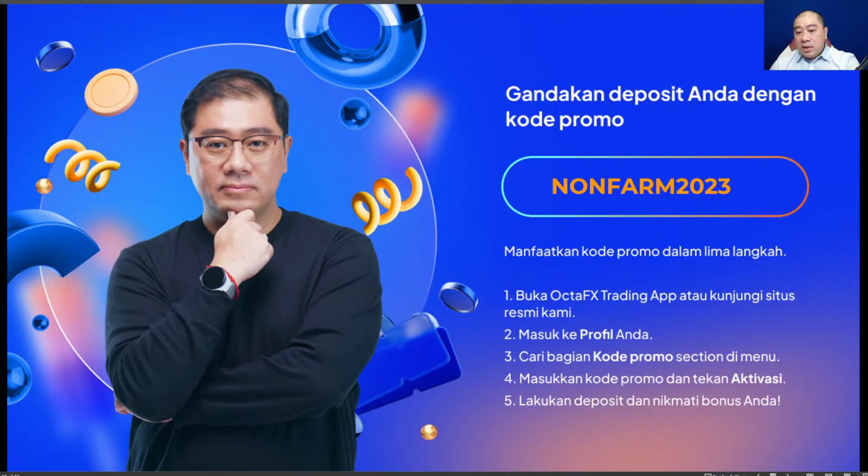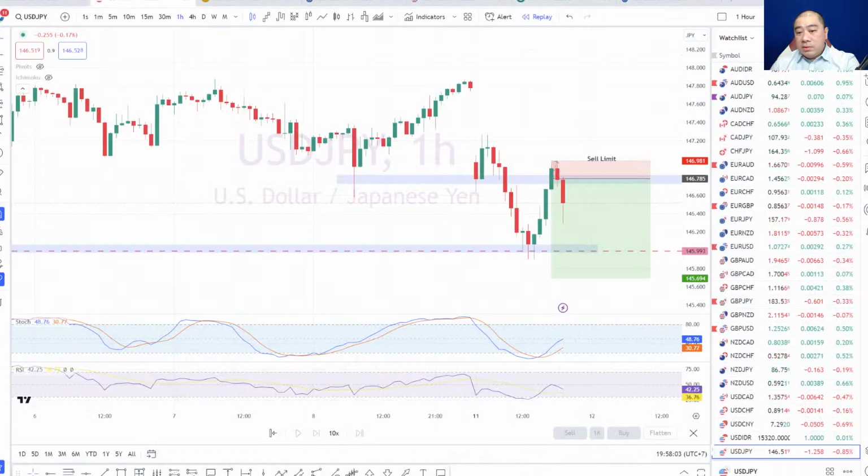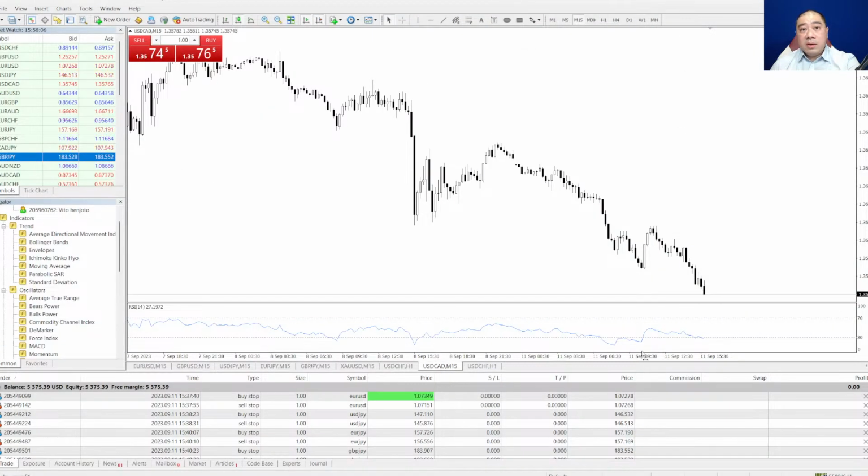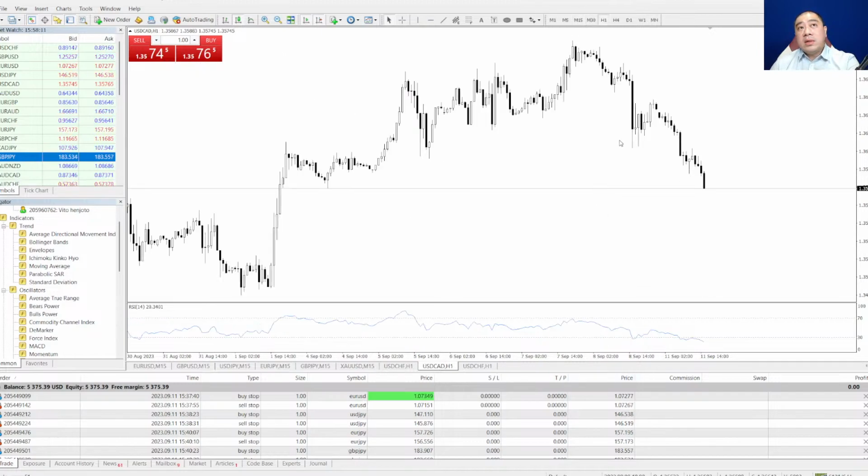As I said with the Canadian dollar, I don't think there's actually anything on it, because in terms of direction, I think we're still looking at a little bit of a drop lower for the Canadian dollar.